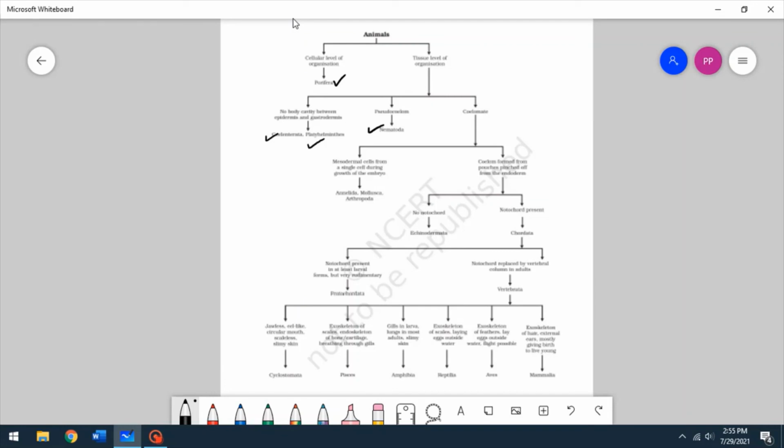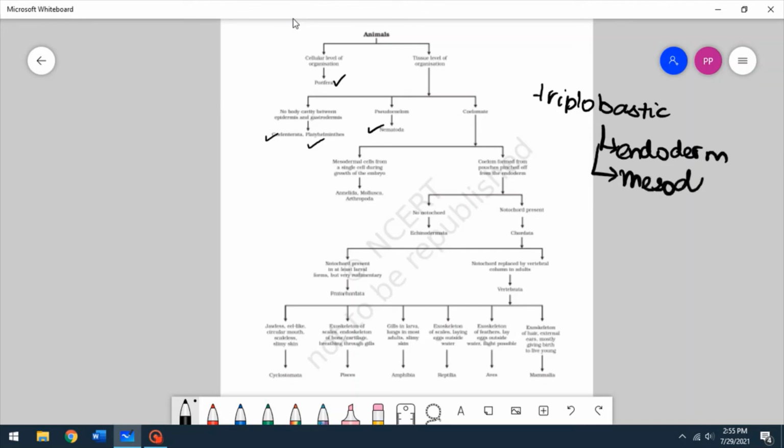If they have a coelom of pouches that are pinched off from the endoderm, so triploblastic consists of the 3 cellular layers that I was talking to you about: endoderm, mesoderm, and ectoderm. Those are the 3 layers of cells that I kept saying, triploblastic.